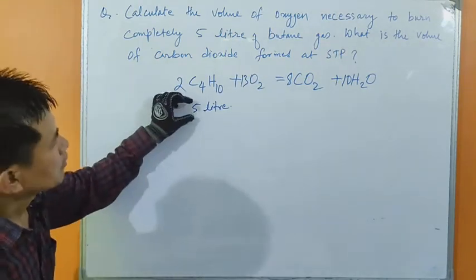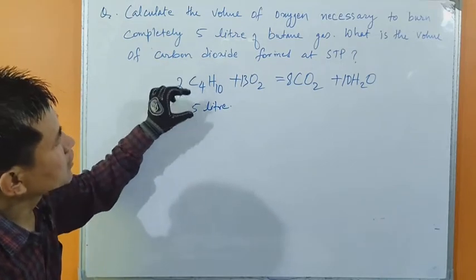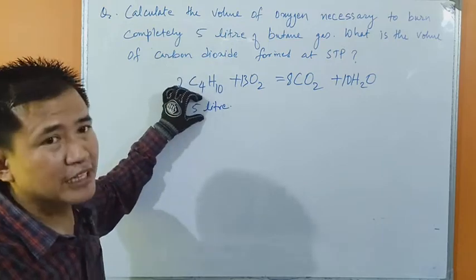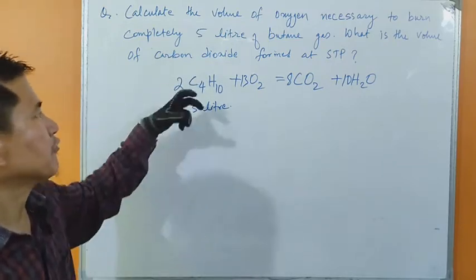Okay, first the volume of butane gas is given to us. Now we will find the number of moles of butane gas. 5 liters of butane gas means how many moles of butane gas? We will find that first.